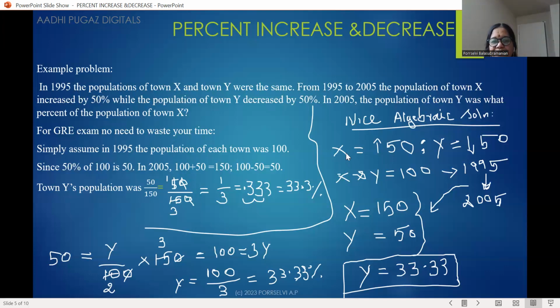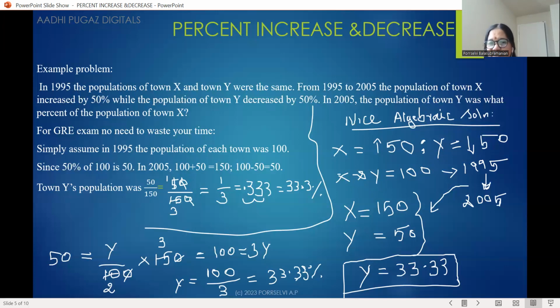Town X increased by 50%, town Y decreased by 50%. So X and Y in the initial year 1995 had an initial population of 100 each.